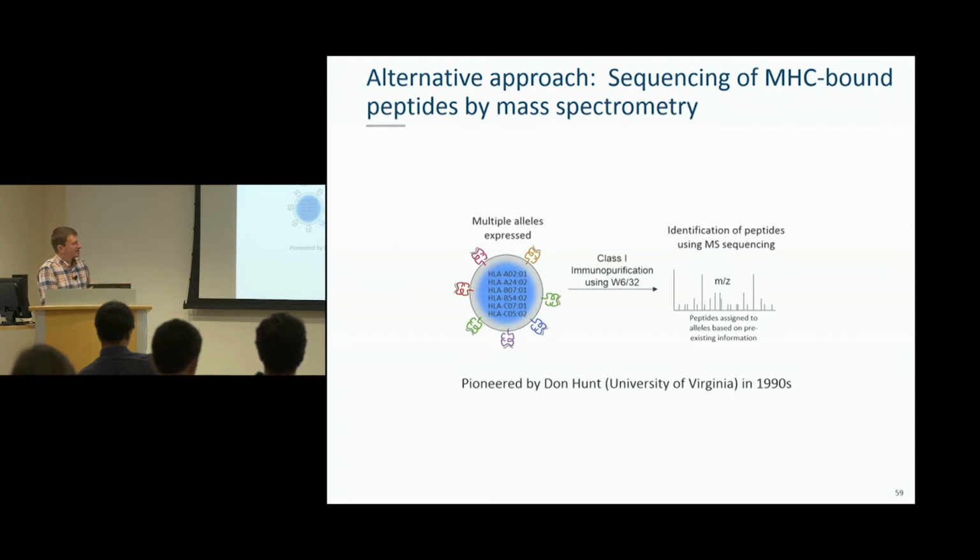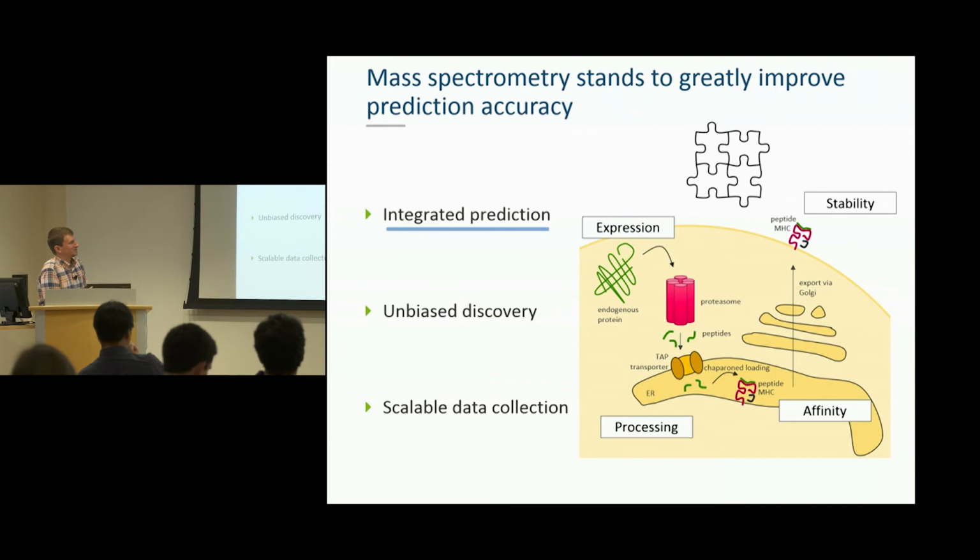But there are a few reasons why we think mass spectrometry could be really important for getting us better at prediction. The first thing is that we can have this integrated prediction capability. Previously, it was just this biochemical assay: does MHC bind this peptide? But we know there's a lot more going on here. We know that the expression of that source protein is going to matter a whole bunch.